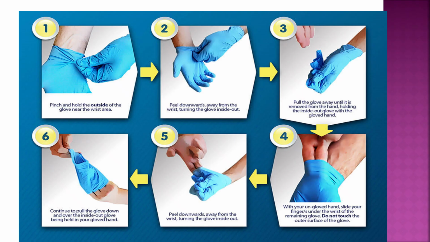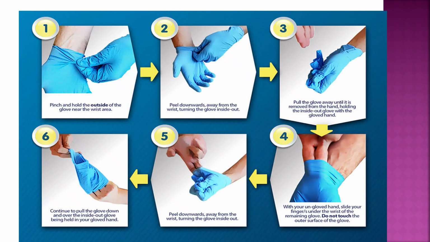properly. While removing, pinch and hold the outside of the glove near the wrist area, then peel away from the wrist, turning the glove inside out, then roll it in the gloved hand. In the fourth step, put your ungloved hand inside the gloved hand with the help of fingers.